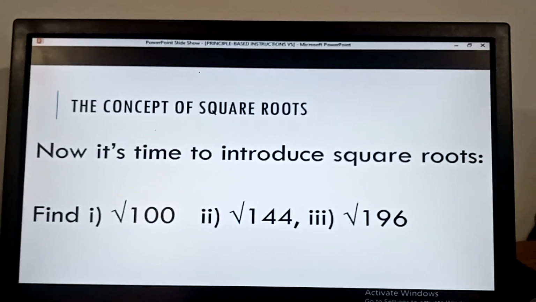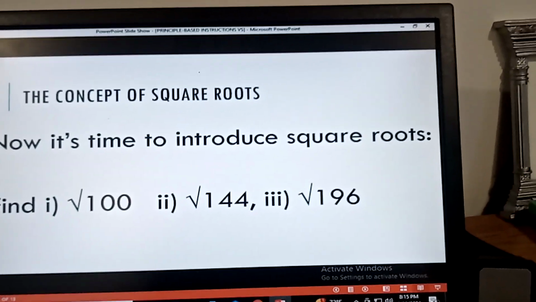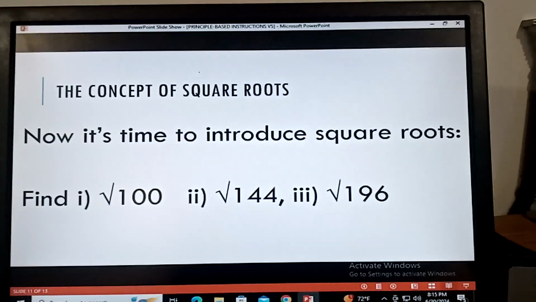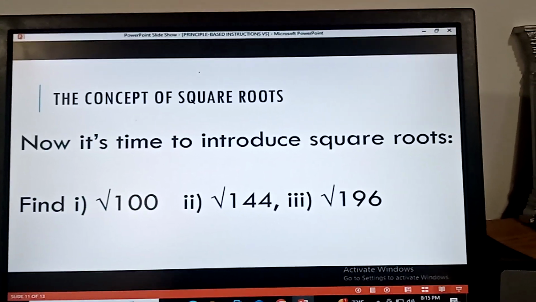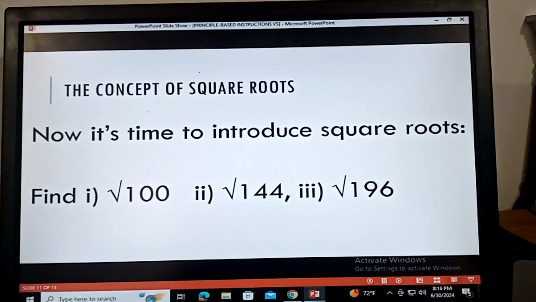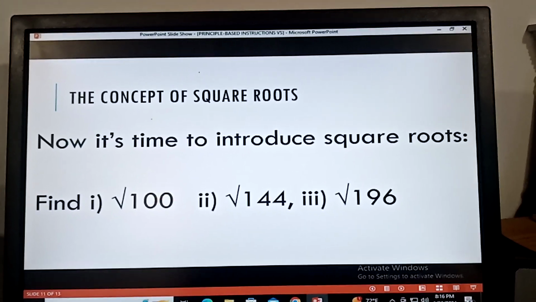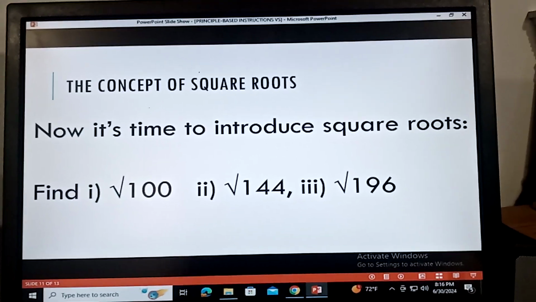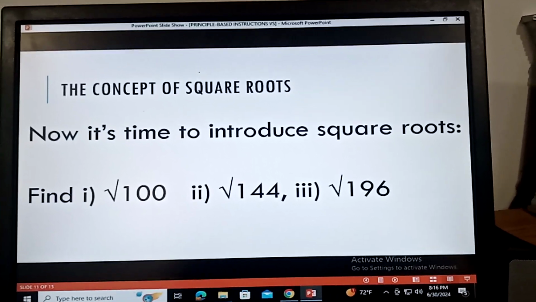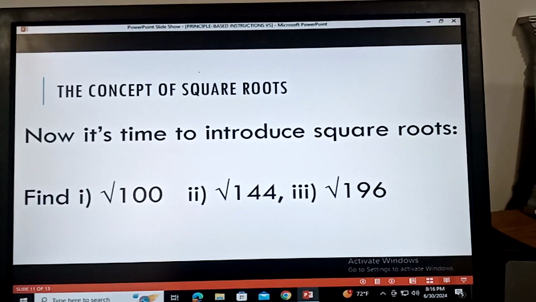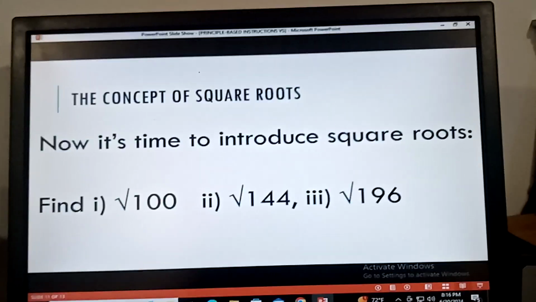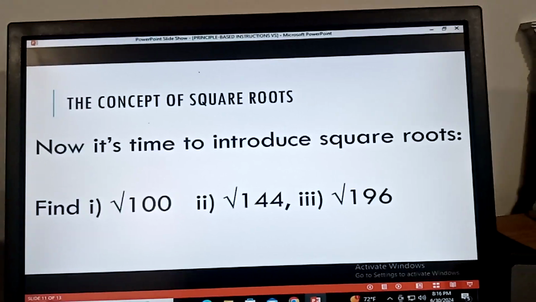So the child will begin asking himself or herself, what number multiplied by itself will give 100? Then he will start saying 5 times 5 is 25. No, too far. 6 times 6, 36. 7 times 7, 49. No. 8 times 8, 64. Getting closer. 9 times 9 is 81. No. 10 times 10 is 100. Yes, I got the answer.